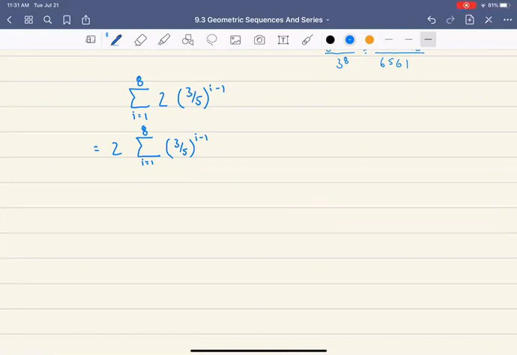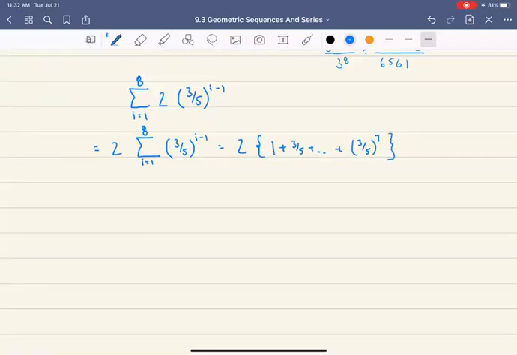Okay, moving on. I'm going to write these out just to help me follow. Sometimes I find that if I'm getting a little confused about something, it's better to slow down, take a breath, and say, what is it that I need to do? Where can I start? i equals 1 is going to give me 0 in the exponent, so 1 plus 3/5 all the way up to 3/5 to the power of 7.